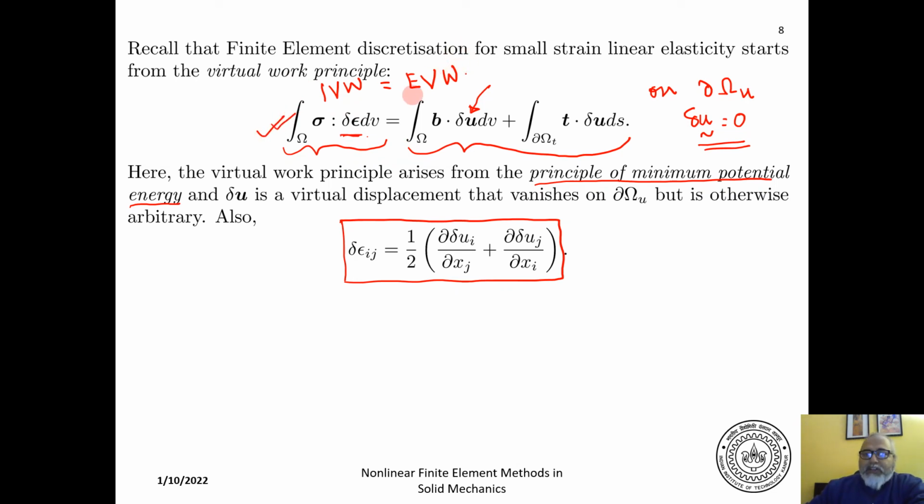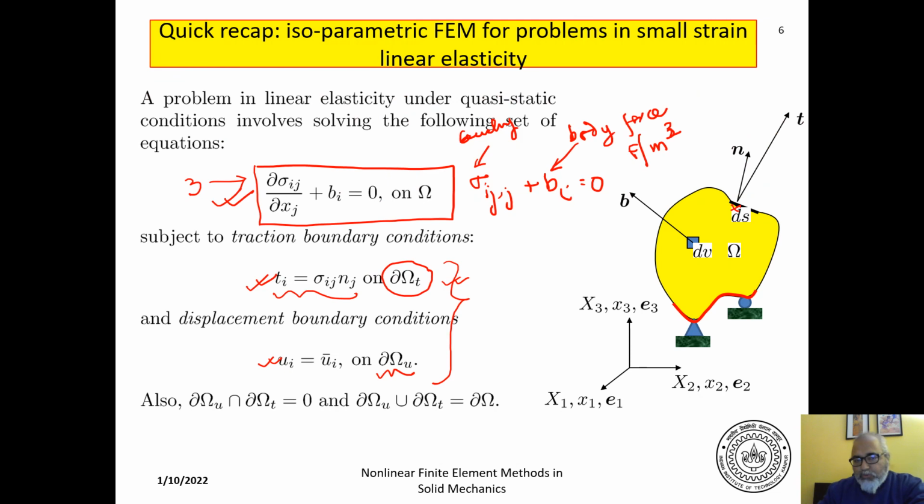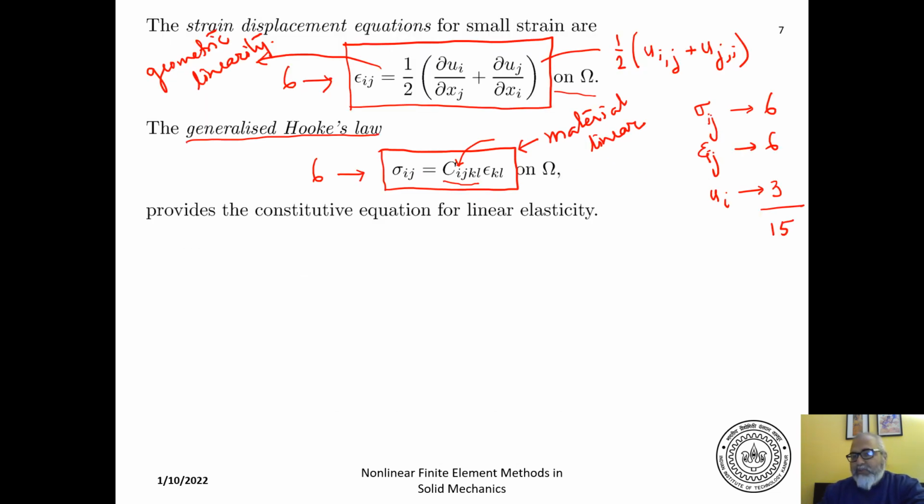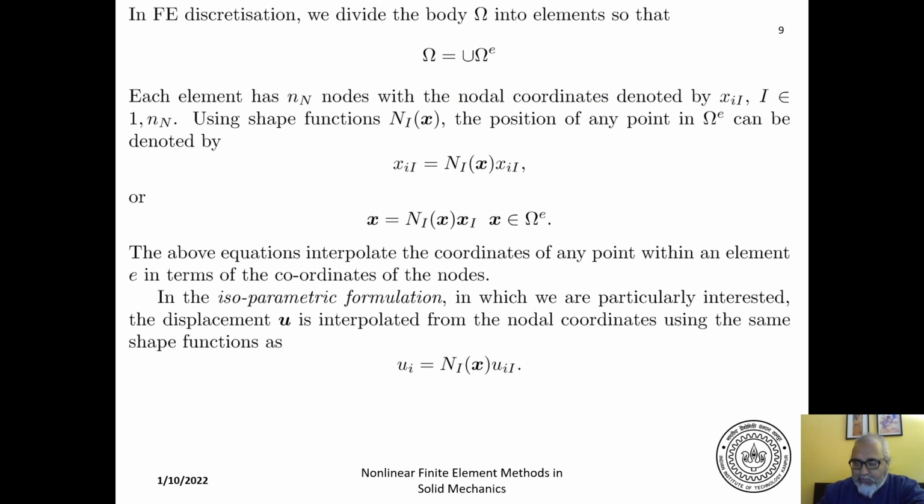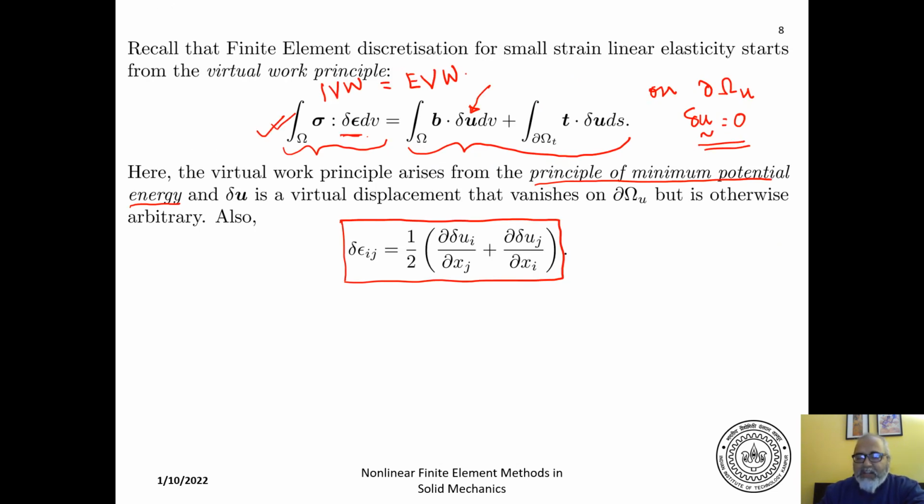Okay. The virtual work principle itself is actually an identity. So if you start from the left, you will reach the right, provided on the way you use the equilibrium equation, the strain displacement equation, and the constitutive equation. Sorry, not the constitutive equation, but the strain displacement equation and the equilibrium equation. If you use it correctly, then starting from the left, you can actually reach the right. So what we have written is actually an identity which rests on the fact that we have chosen delta u to be a function which satisfies this condition.